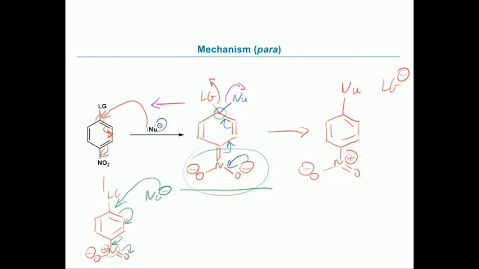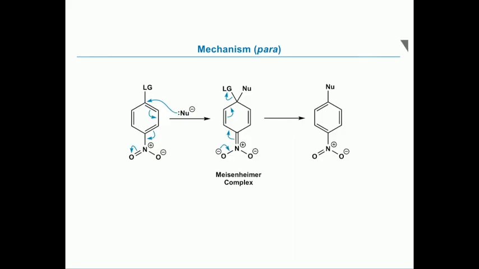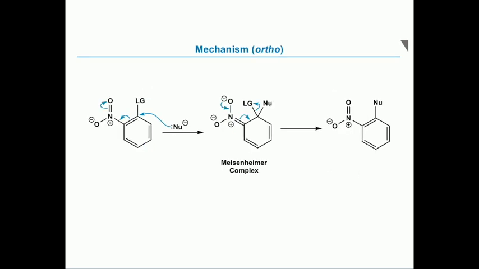So as a result of that, going through this overall sequence, we now have a substitution which looks something kind of like what we've seen with nucleophilic acyl substitutions. So here's what we have as our overall point. This is just the ChemDraw version of this reaction. Wanted to show you again the same kind of pattern exists if we go through with the ortho substitution. It just doesn't have as long of a resonance structure between them.